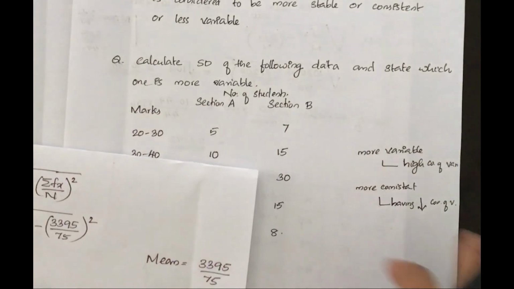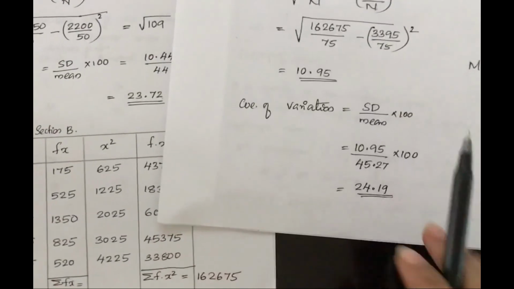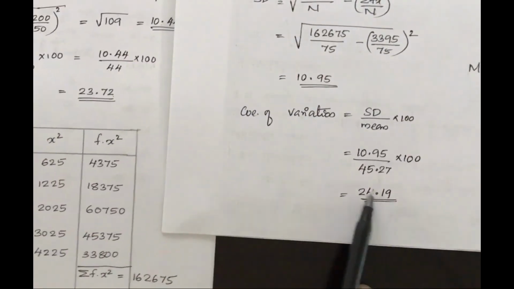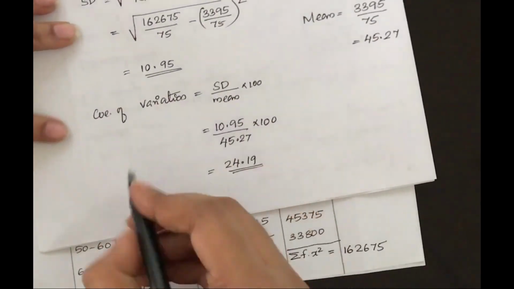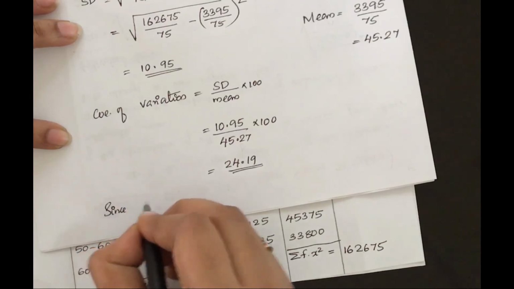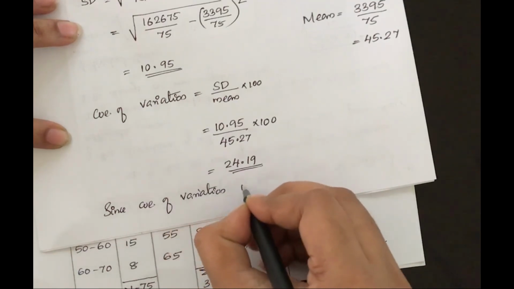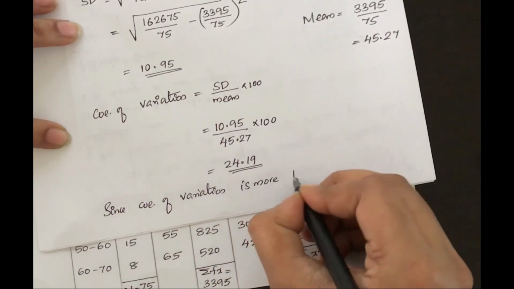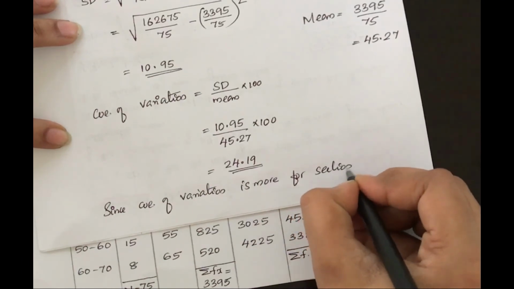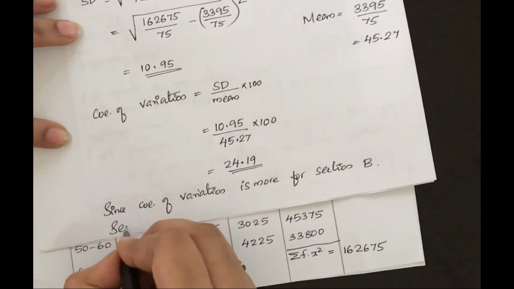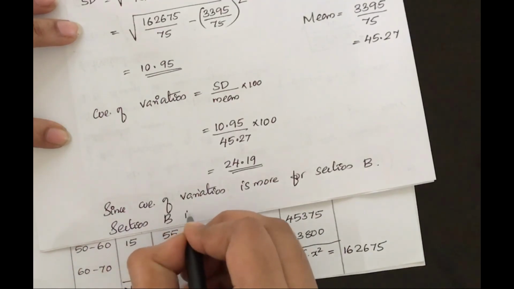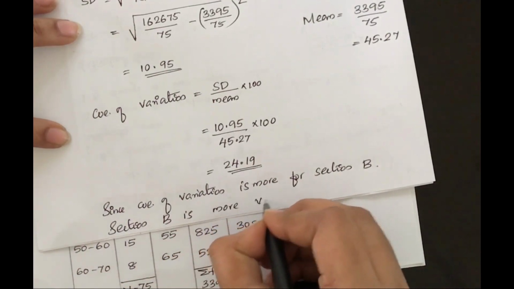Our question was, which one is more variable? More variable means the series having the higher coefficient of variation, and the higher coefficient of variation is in B. So since the coefficient of variation is more for section B, section B is more variable.